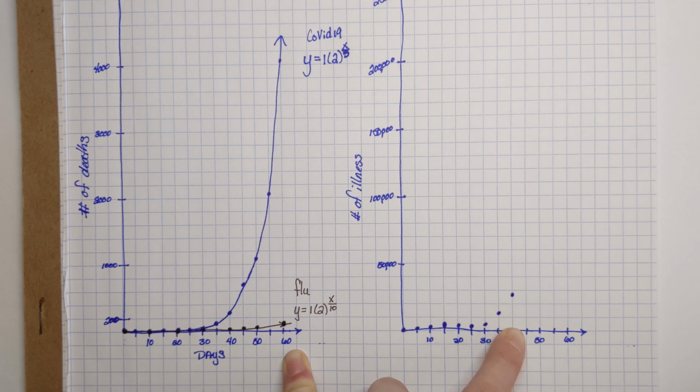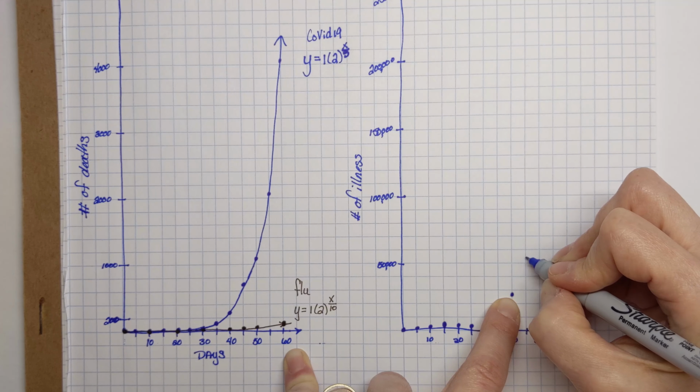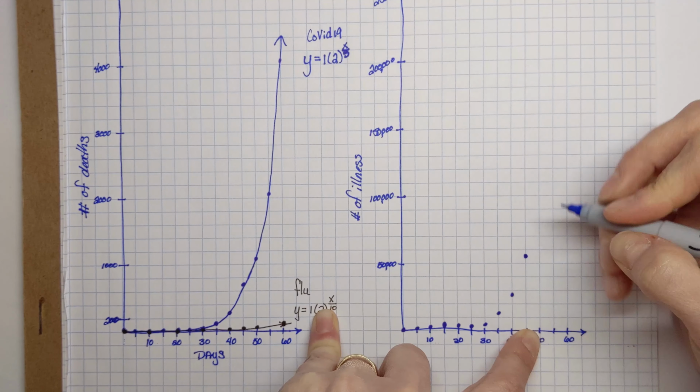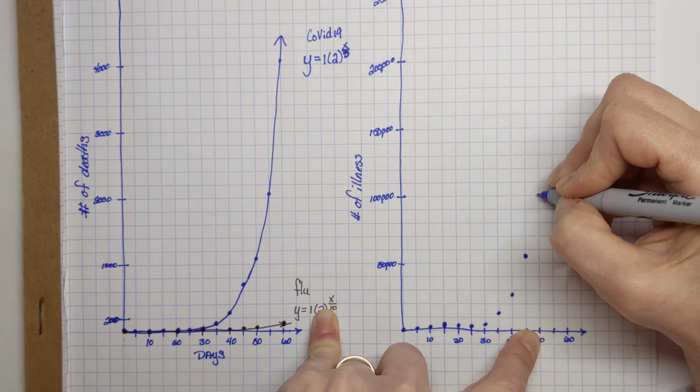Okay, double it again. 25,000 now is going to be up past the 50,000 mark. 5 days later, 50,000 becomes 100,000.